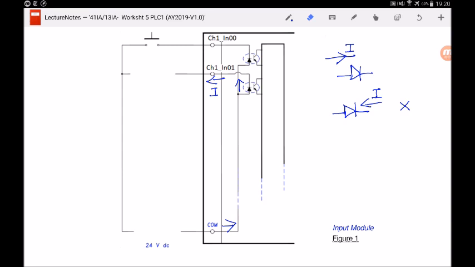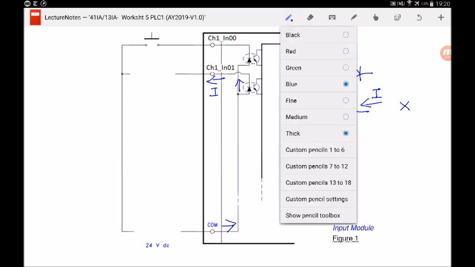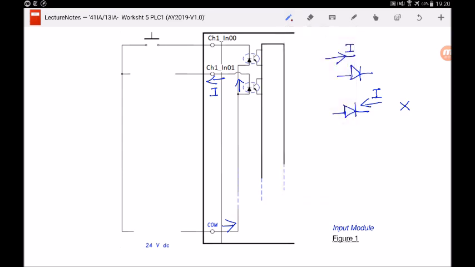Just to recall again, in your secondary school physics, or even in your EL tag, this is the symbol for a power supply or a 24-volt power supply battery source. The longer line is the positive, the shorter line is the negative. Current always flows out from the positive terminal.